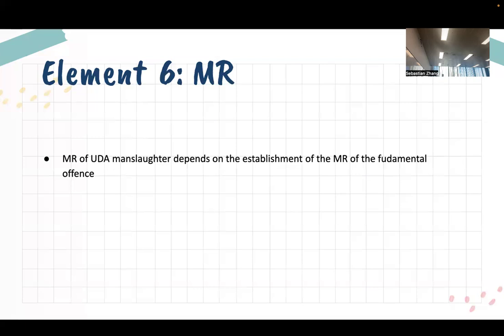Okay, so you just have to see whether the foundational offense's intention or recklessness has been made out. If that's made out, the MR for UDA manslaughter is made out. Easy? That helps you a bit with the MR aspect of UDA because you don't have to repeat yourself too much.